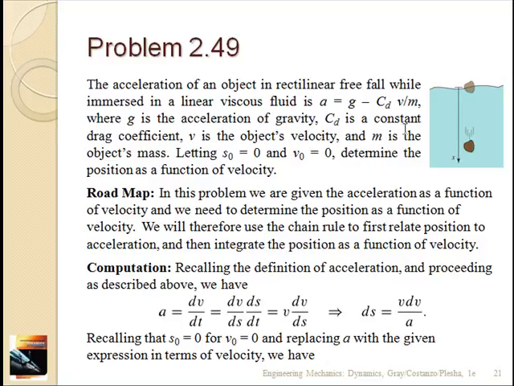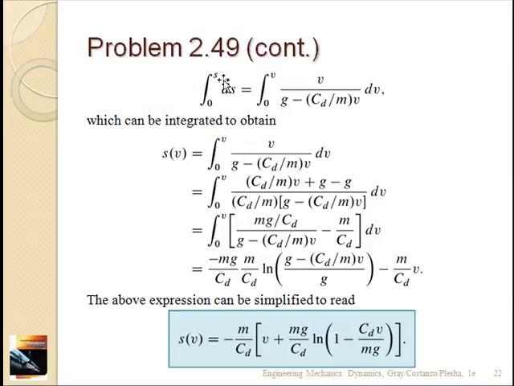But a is g minus cd v over m. If we put that in here, we get ds as a function of v. We can integrate both sides and we get s as a function of v. So the integral 0 to s of ds is the integral 0 to v of v dv over g minus this drag term. Notice we've assumed that our initial position is 0, and at s equals 0, v is 0.